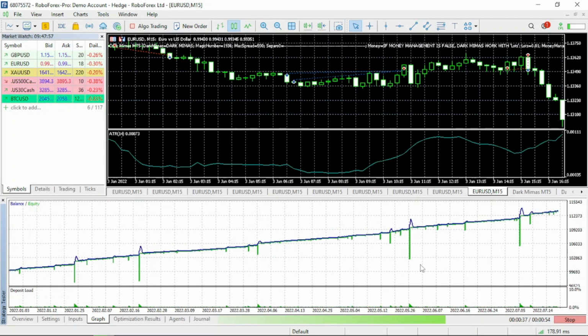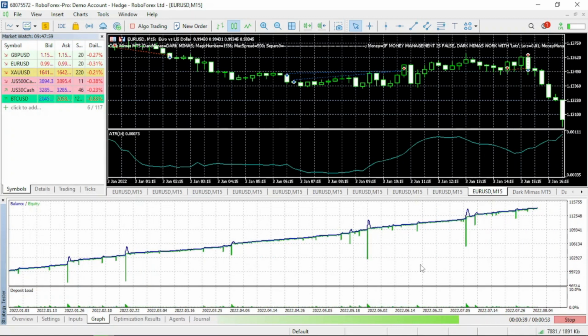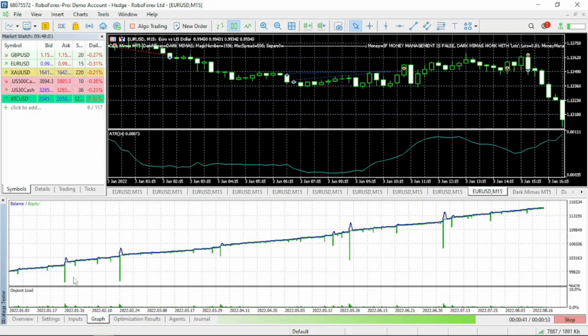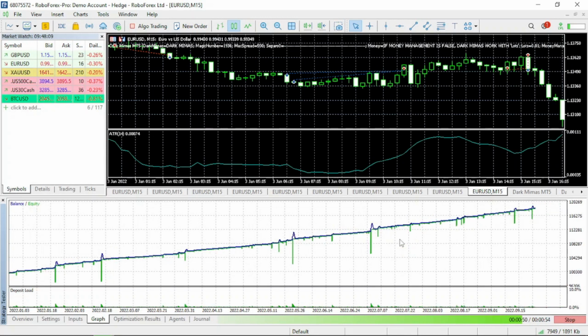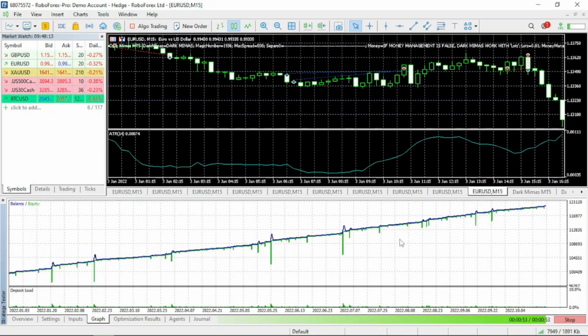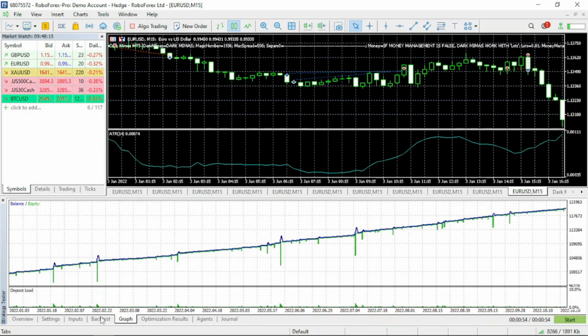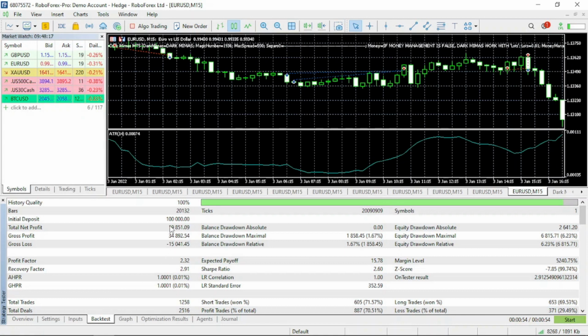Now remember, this is a cost averaging EA, and for this reason, it is able to achieve a high win rate. However, it does come with its own inherent risks. So let's take a look at the results.